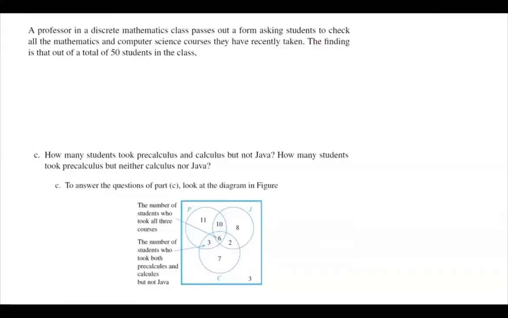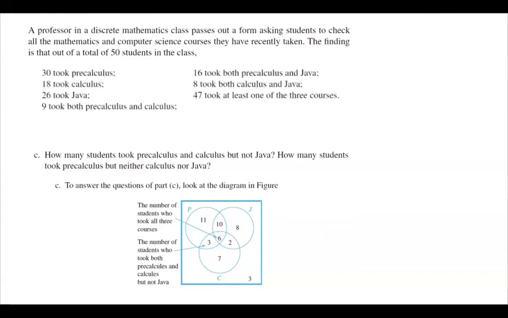Now, let us take a look at the last question. How many students took pre-calculus and calculus, but not Java? How many students took pre-calculus, but neither calculus nor Java? Very good.